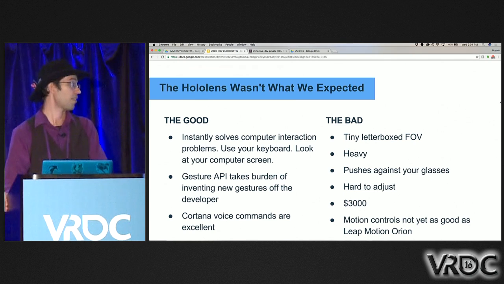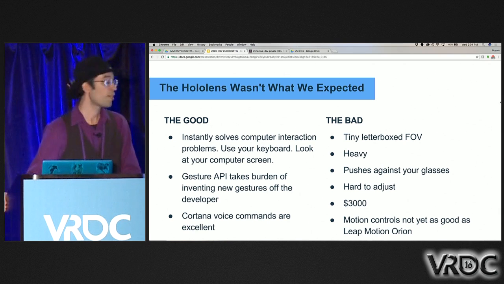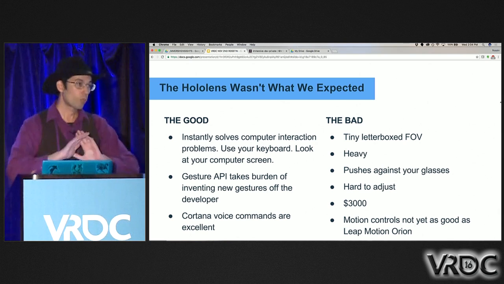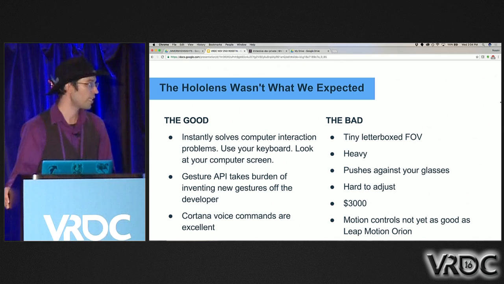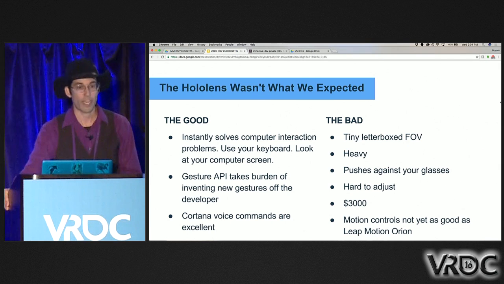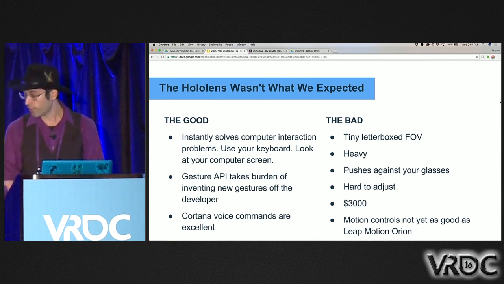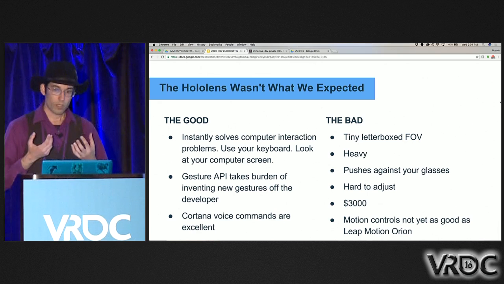And it costs $3,000. And Leap Motion Orion still has better motion controls than the HoloLens. But, okay, with all of those issues with the HoloLens, it instantly solved all of our computer interaction problems. Now you can use your keyboard, you can look at your computer screen, you're not bound into this virtual world anymore.